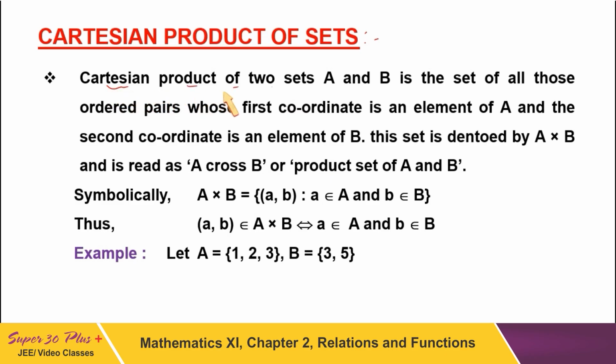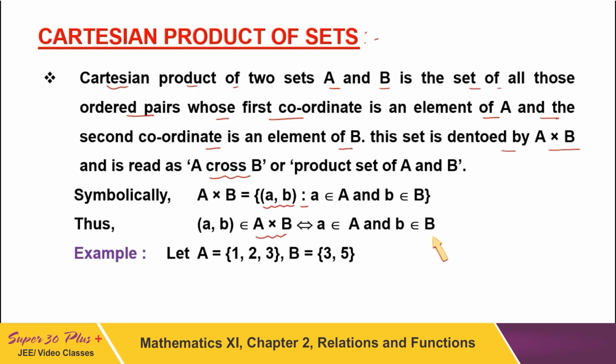The Cartesian product of two sets A and B is the set of all those ordered pairs whose first coordinate is an element of A and second coordinate is an element of B. This set is denoted by A cross B and read as A cross B or the product set of A and B. Symbolically, A cross B is equal to the set of ordered pairs (a, b) such that a belongs to A and b belongs to B. Thus, (a, b) belongs to A cross B implies a belongs to A and b belongs to B.